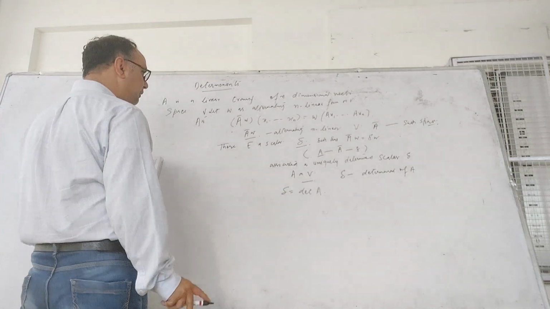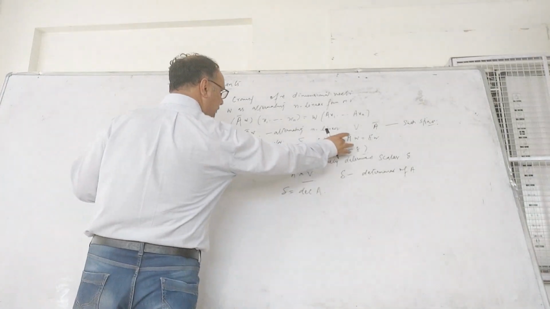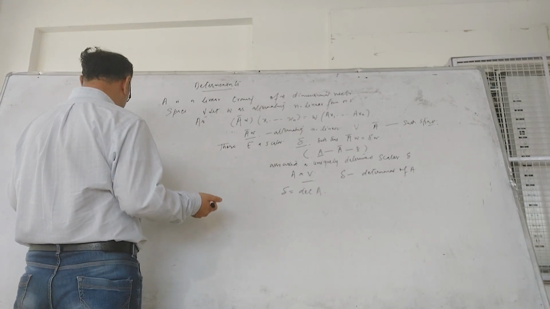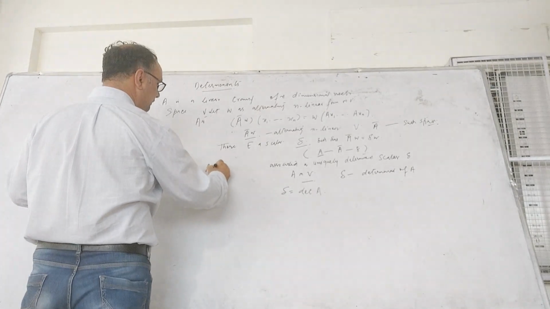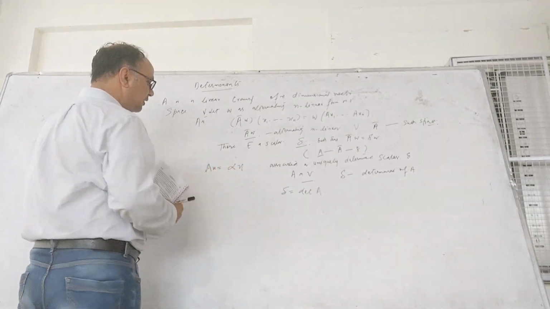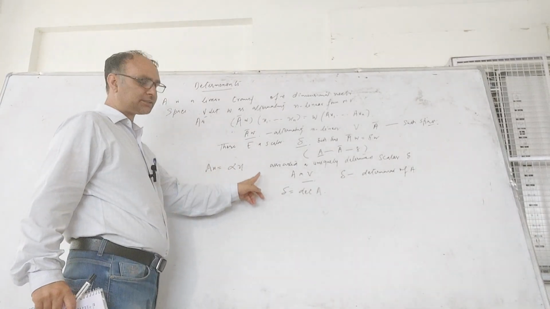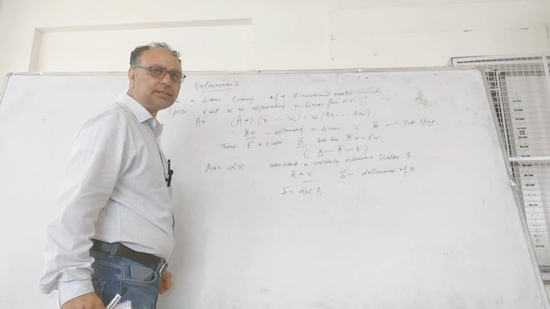Such that there is a scalar and we multiply it by a particular element, AX is alpha X. Normally this value x can go from x1, x2, up to xn, and so on.